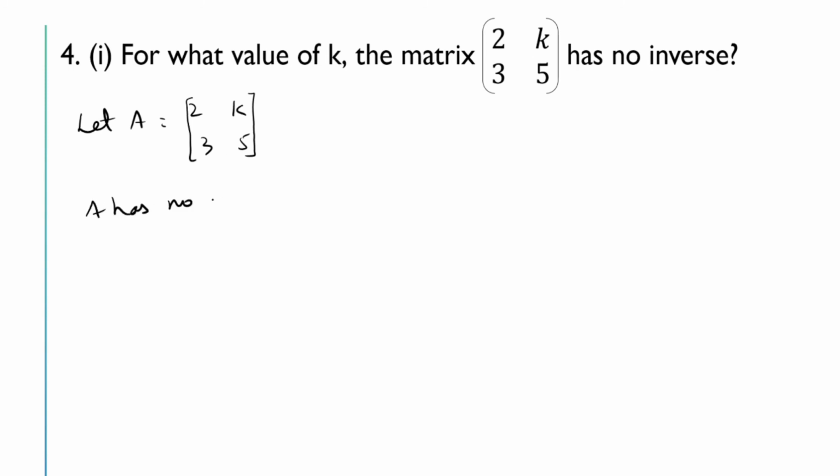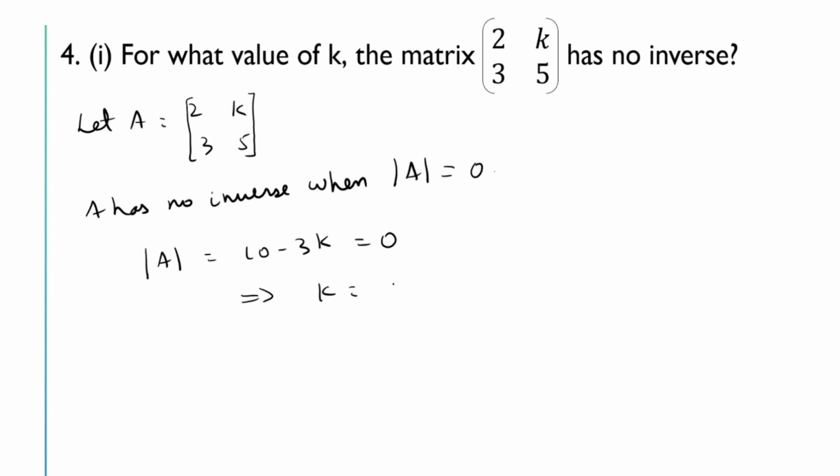A has no inverse, so determinant of A is equal to 0. Determinant of A equals 10 minus 3K equal to 0. It means K is equal to 10 by 3. So when K is equal to 10 by 3, this matrix has no inverse.